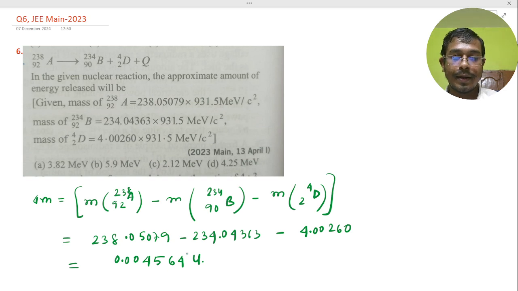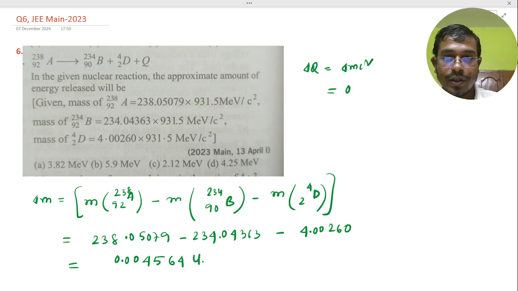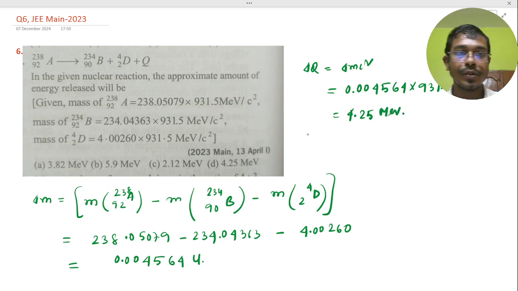So energy release is basically the formula del m c square. Just put this value del m times c square, 0.00456 and c square in MeV is equal to 931.5 mega electron volt. After calculating you get 4.25 MeV. So 4.25, D would be our correct answer.